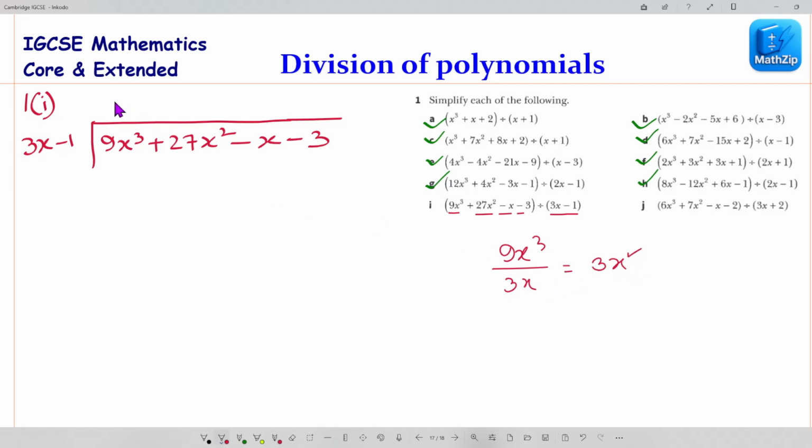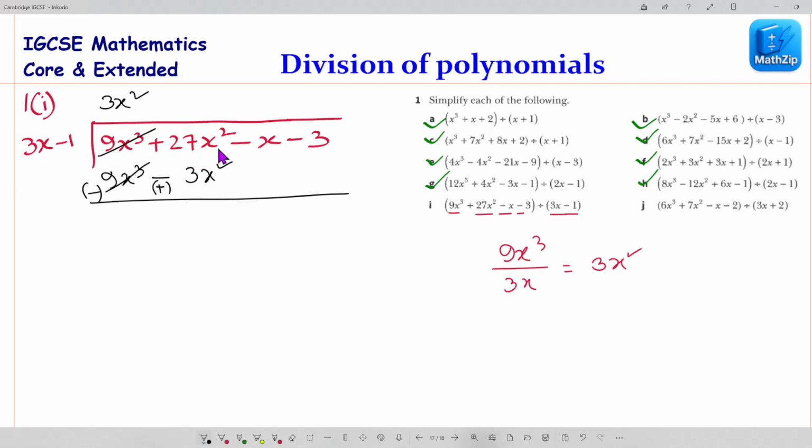So this is our first term, 3x square. So here 9x cube, and 3x square times minus 1 will be minus 3x square. So here is minus, here is plus. So 9x cube minus 9x cube is out.